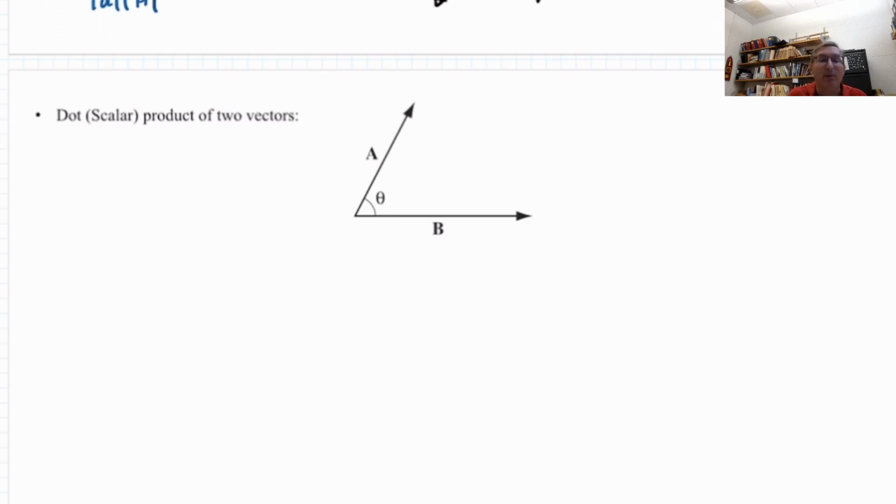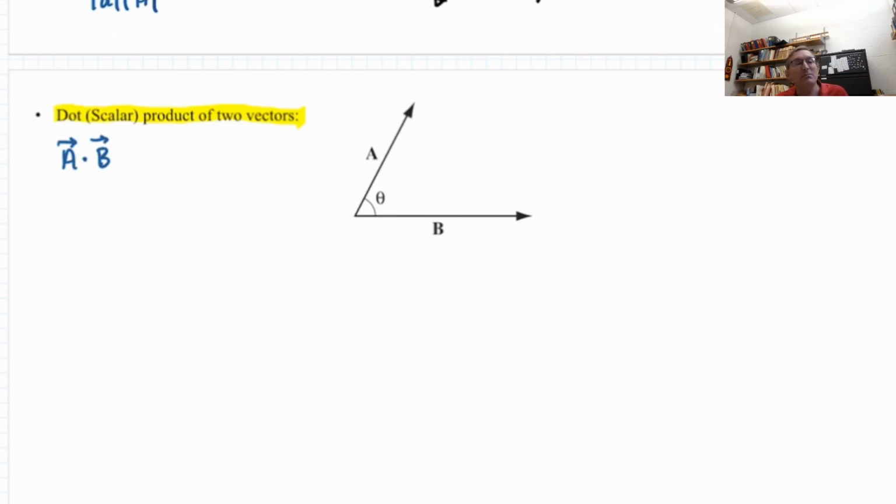The first way I want to talk about is called the dot or scalar product of two vectors. Scalar product tells you what you're going to get out of this product of two vectors. You're going to get a scalar. Dot product is probably how you remember the name, and that name is given because the kind of operation we're talking about is denoted symbolically like that.